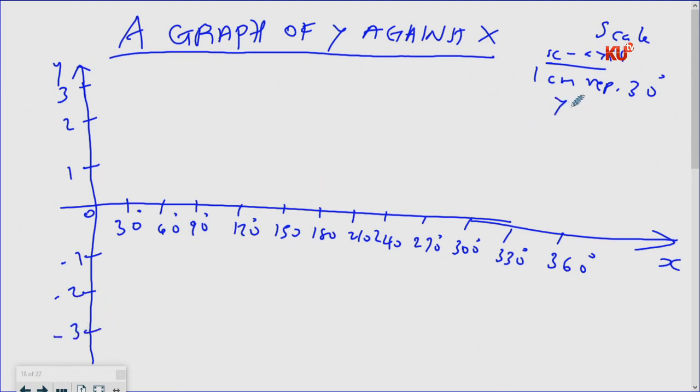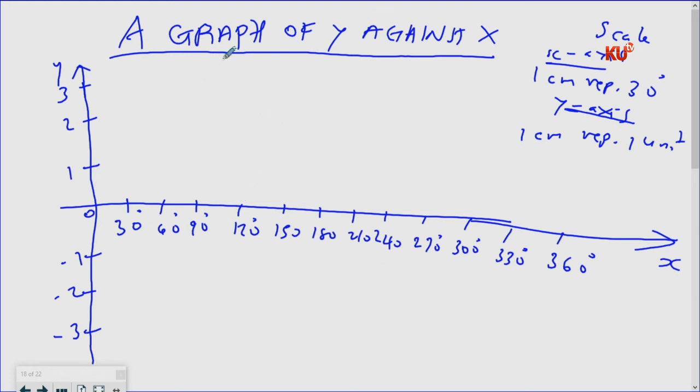On the y-axis, this is my scale. 1 centimeter is representing 1 unit. I've just skipped one box here. I'm assuming that this is my 1 centimeter to represent 1 unit.